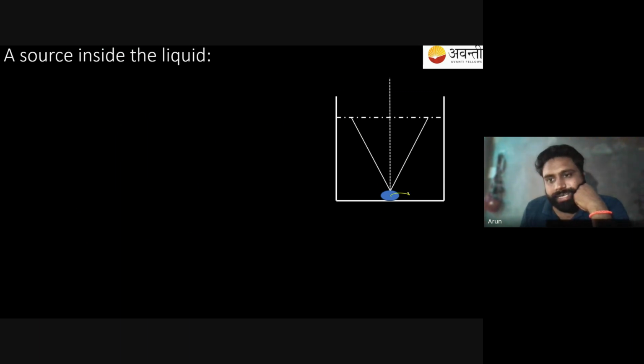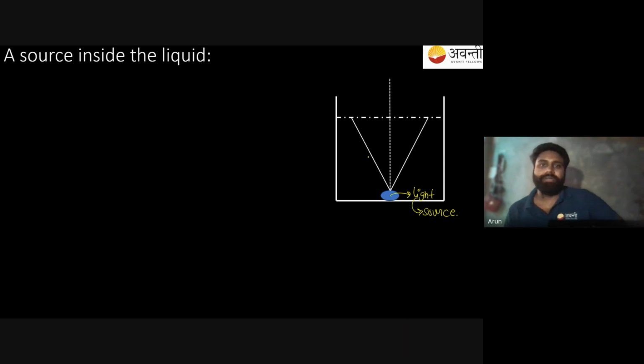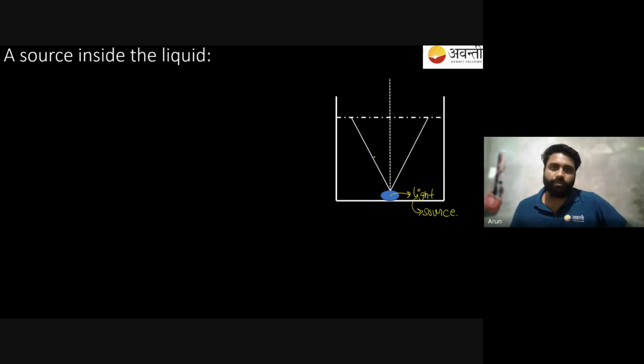So this is the light source, and it is sending light to the boundary. This is a point light source, so the rays are diverging from it. I have told you about the phenomena of how rays diverge and converge.